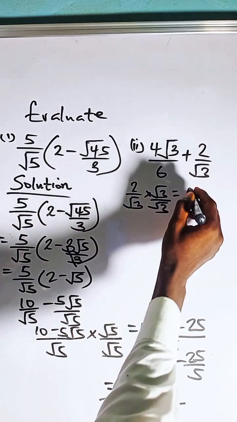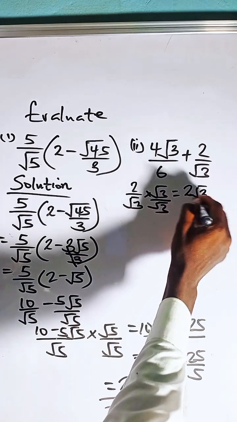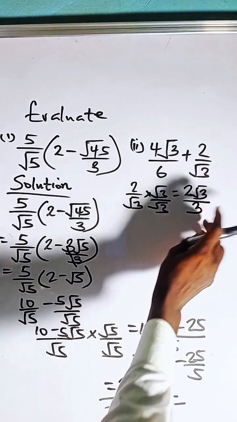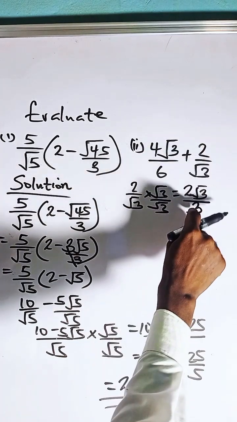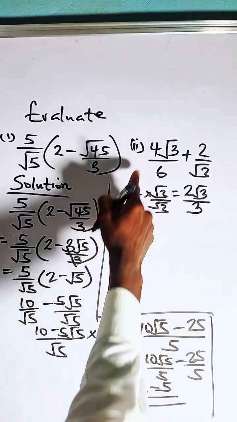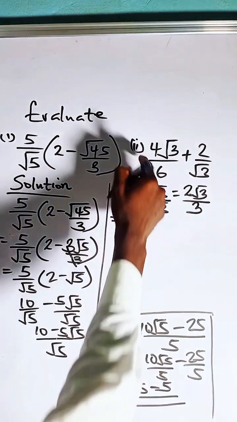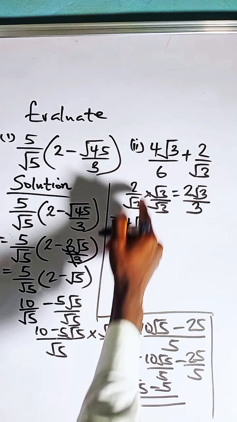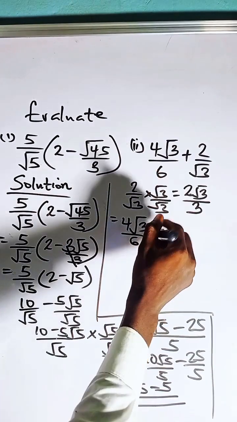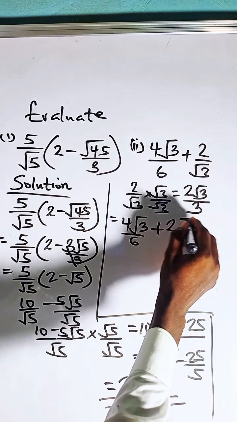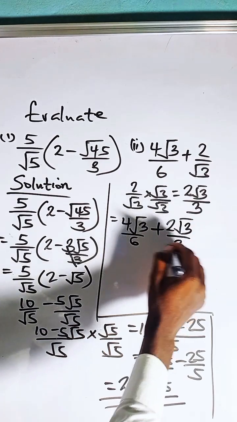So 2 times this is 2 root 3 over, multiplying the same roots, we get 3. So let us replace this part with this. We have 4 root 3 over 6, plus this part of the expression, which is now 2 root 3 over 3.